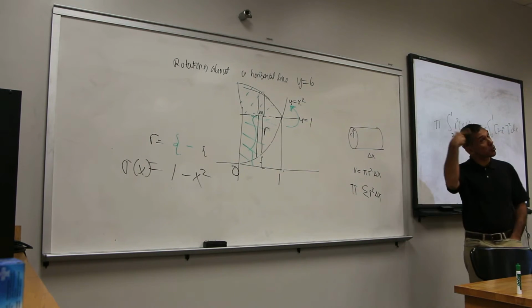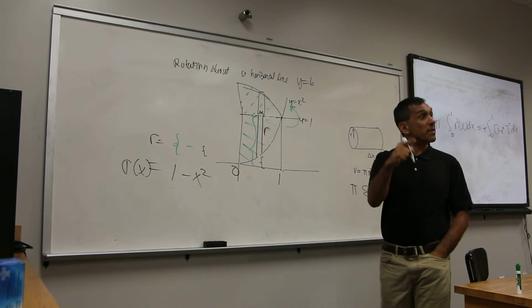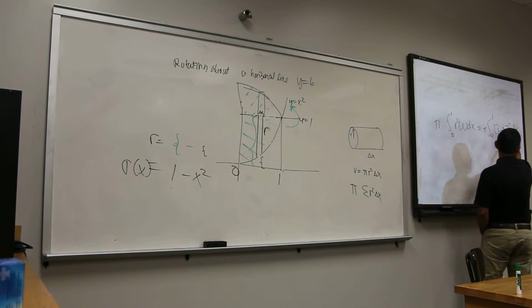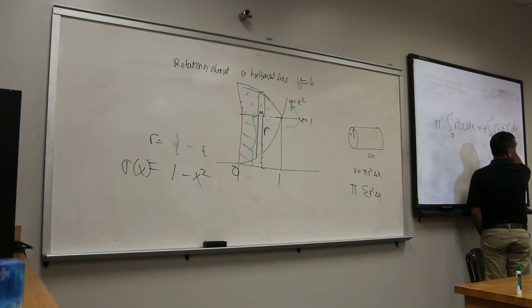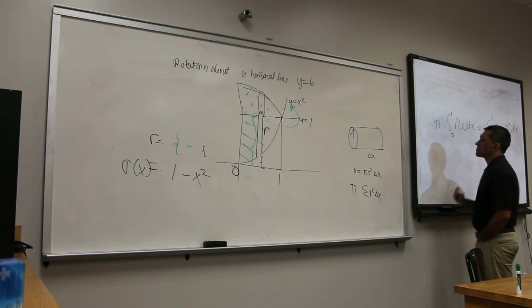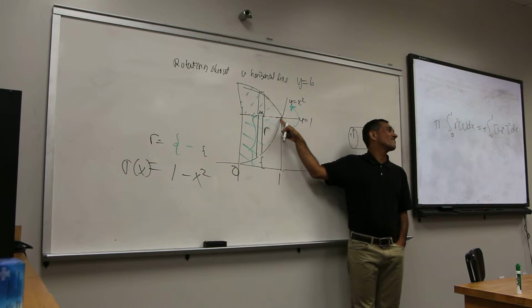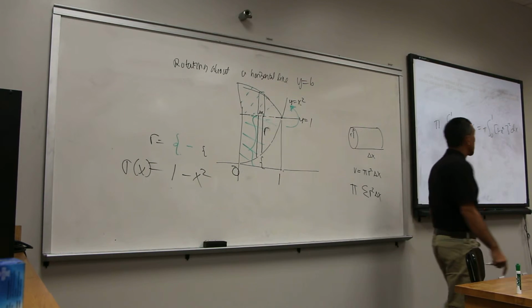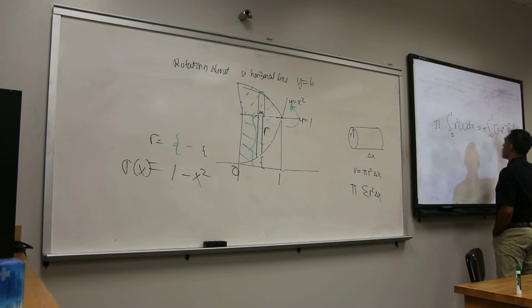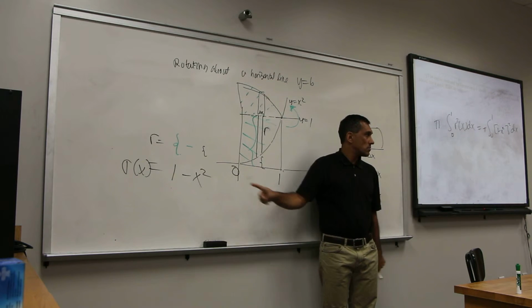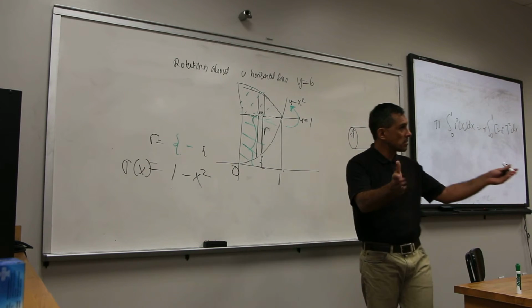Take your radius and square it. Your radius will depend on where you are. If x is 1, the radius is 0. If x is 0, the radius is 1. And everything in between.